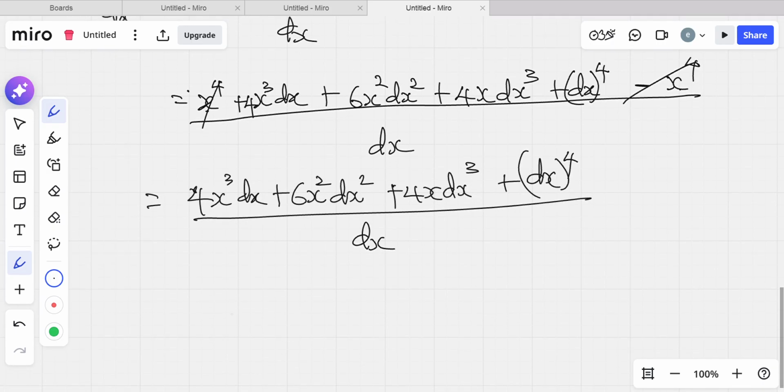So now what? The limit of dy over dx as dx tends to 0.